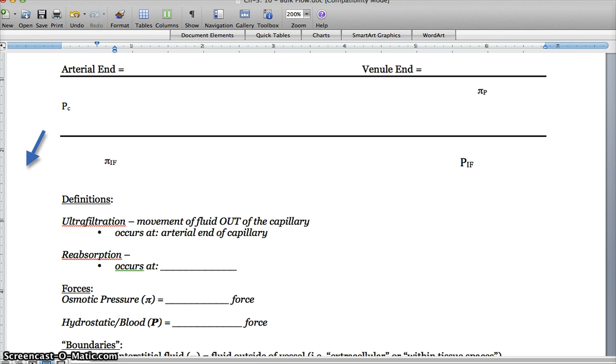Okay? And our next term is reabsorption. That's going to be the movement of fluid into the capillary. And this is going to occur at the venous end.